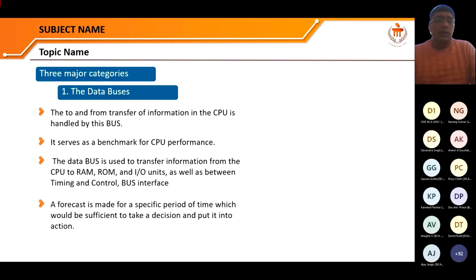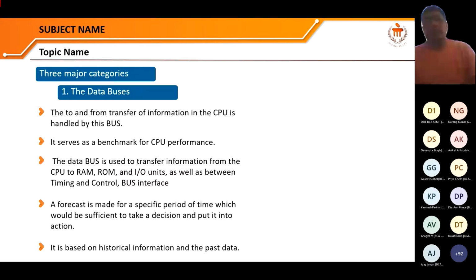There are three major categories, and the first one is the data bus. What is the data bus? Data buses transfer information to and from the CPU.